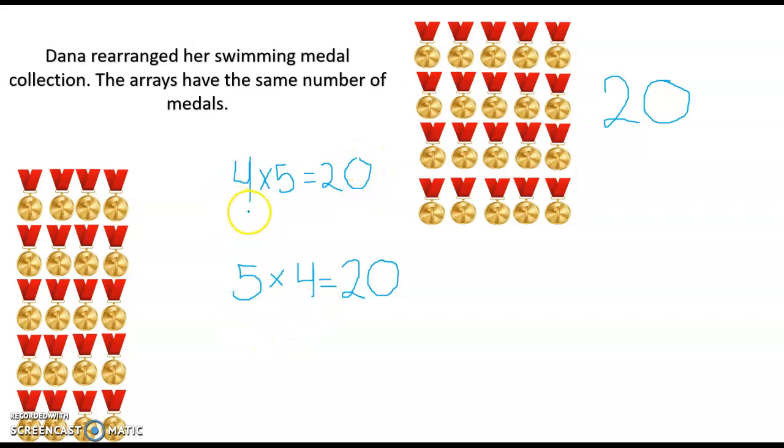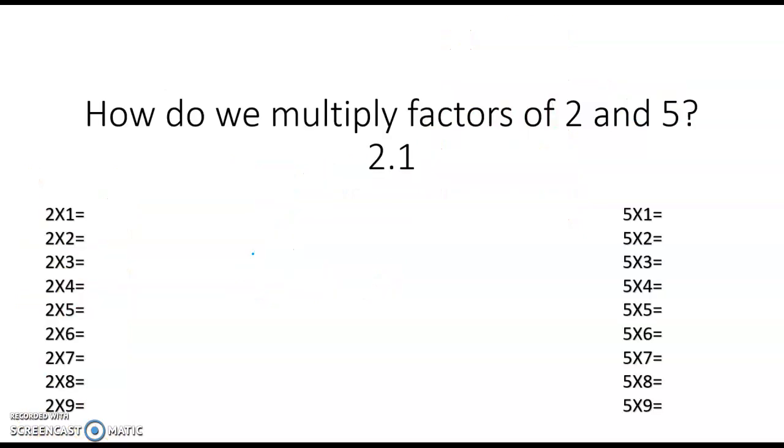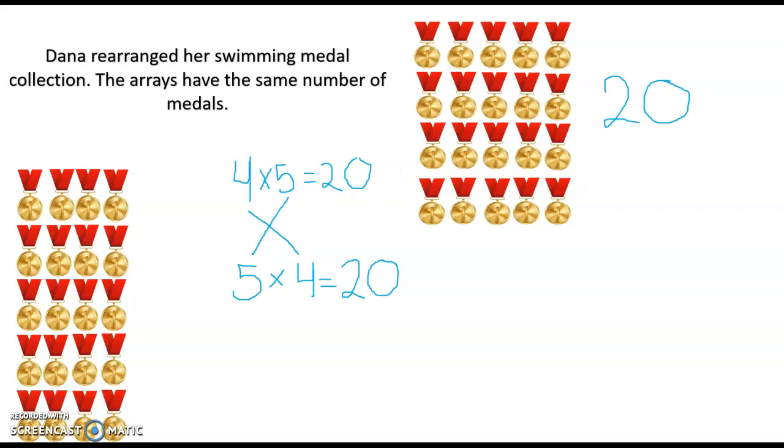So what we did was we switched those numbers around, and we still got the same answer. So just like in addition, we can switch our numbers and still get the same answer.